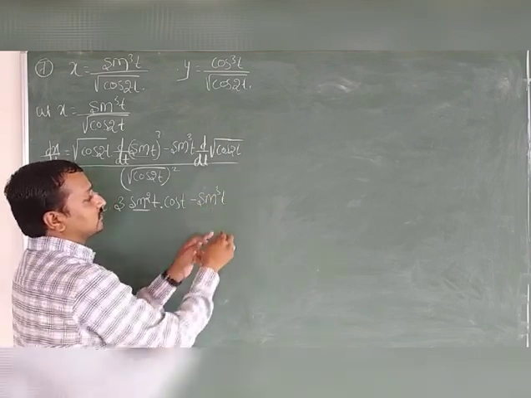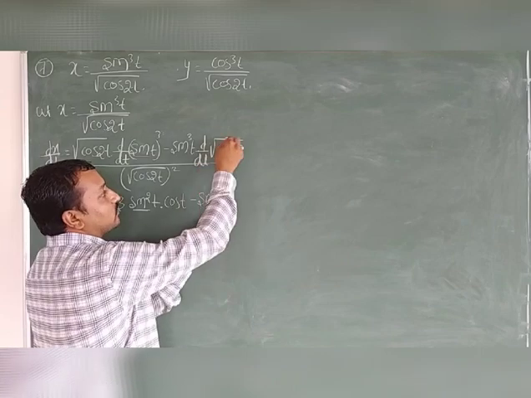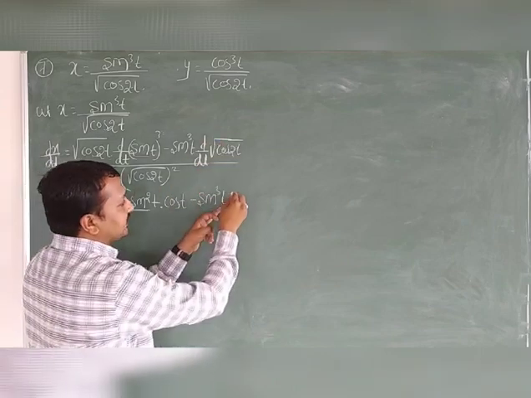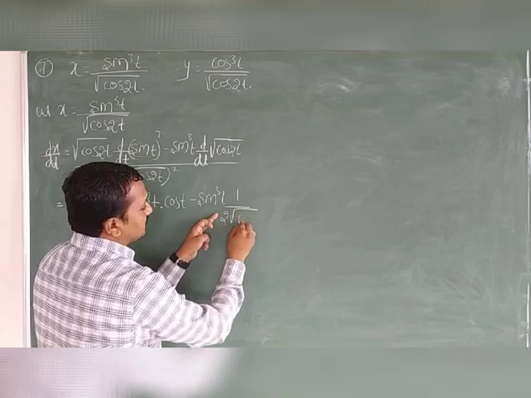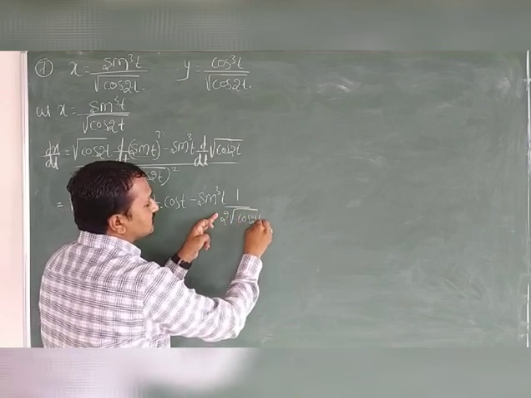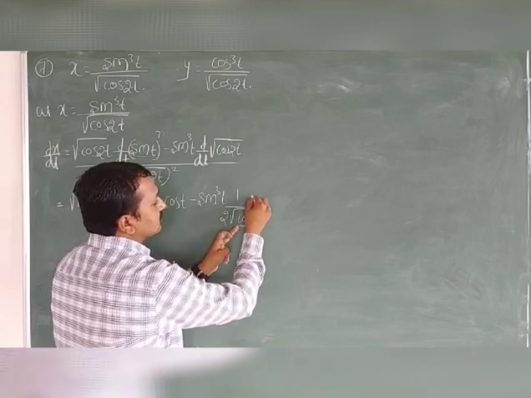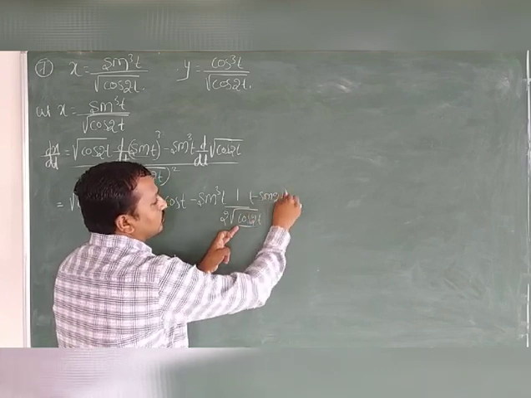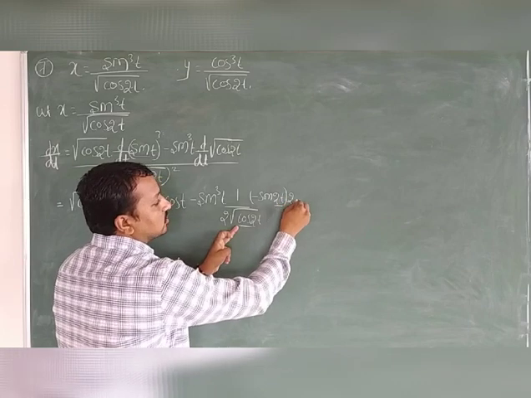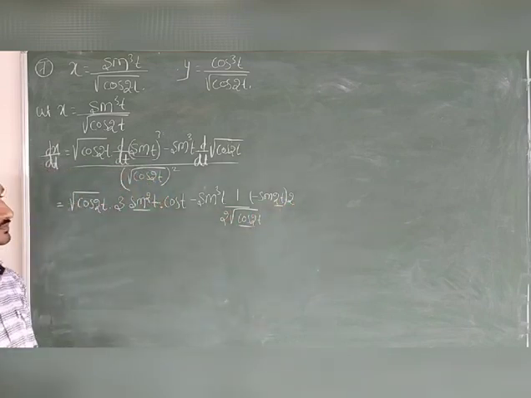This is the form of a root term. The derivative of root x is 1 divided by 2 root x. Like that, 1 divided by 2 root of cos 2t. With respect to it, the derivative of cos 2t is minus sin 2t, and with respect to 2t is 2. This is successive differentiation.